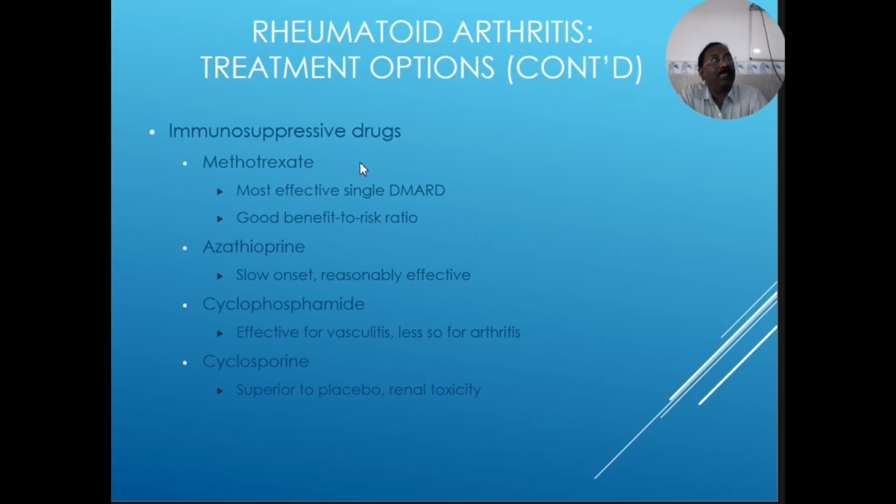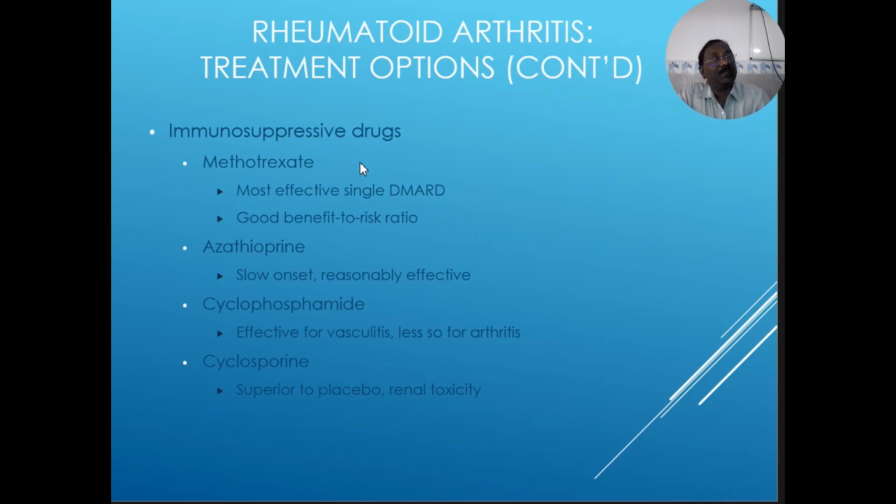Don't give it every day. It will cause a lot of bone marrow suppression, hepatitis, renal failure, etc. Methotrexate is a double-edged drug. On one hand it is very useful, on the other hand very harmful. It is useful when you use pulse therapy.